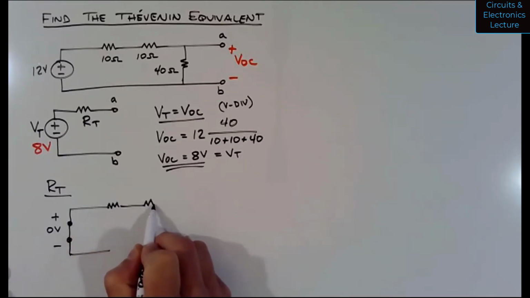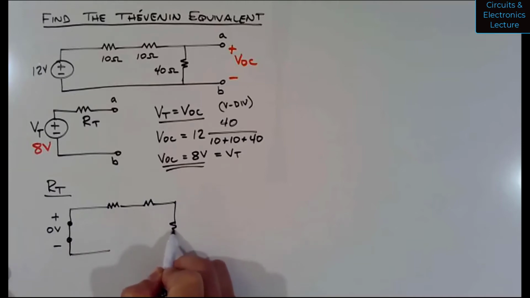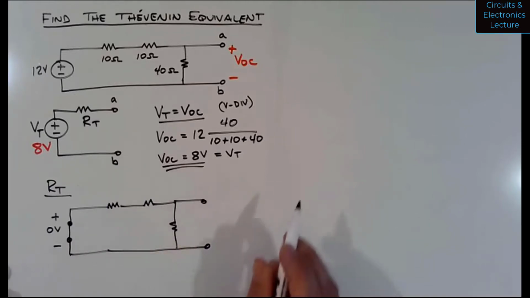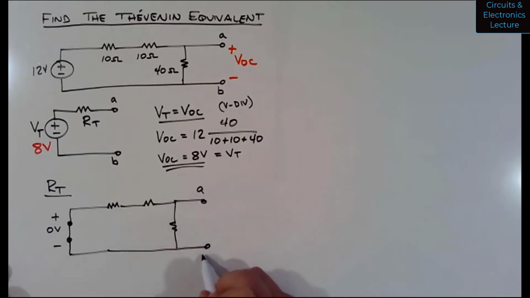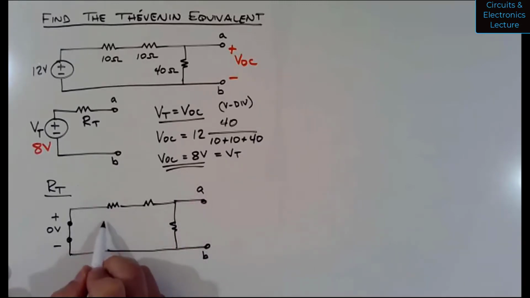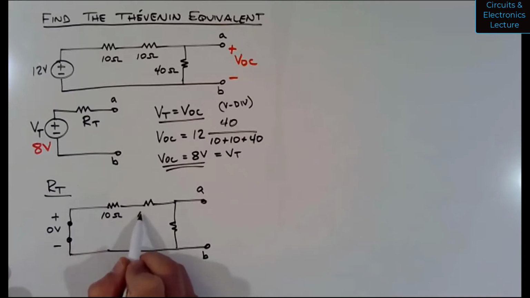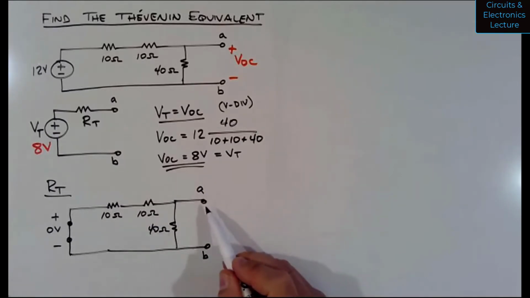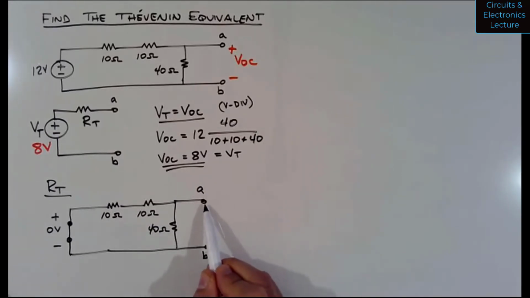And then I can draw the rest of the circuit. Okay, and then what I'm going to do is find the equivalent resistance between A and B.